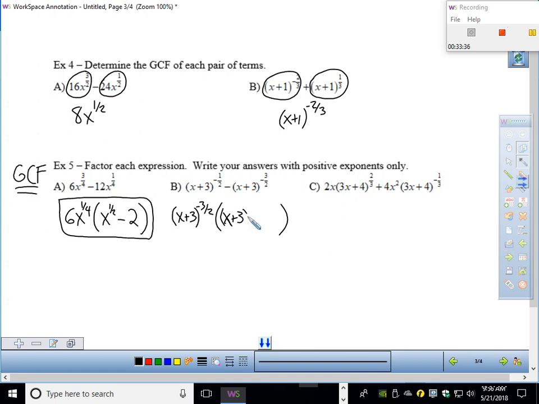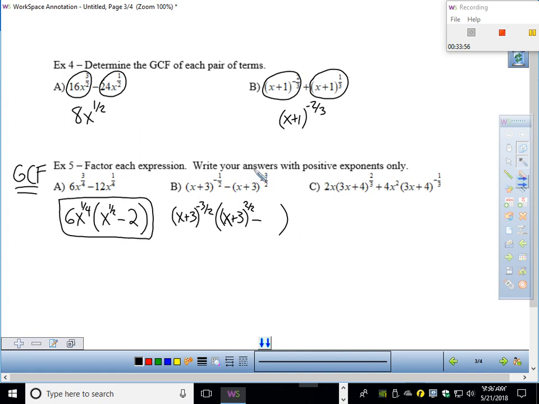So I'm actually going to go ahead and close that off for a second and think about what I have to raise that to. And I do negative 1/2 minus negative 3/2. Negative 1/2 minus negative 3/2 is actually positive 2/2. Awesome. And then I put my minus.